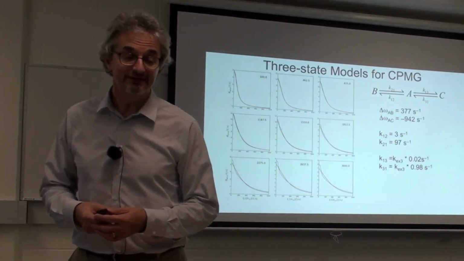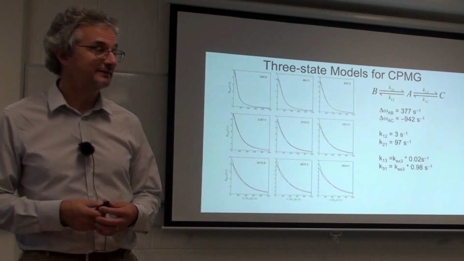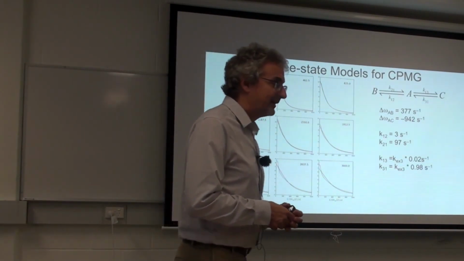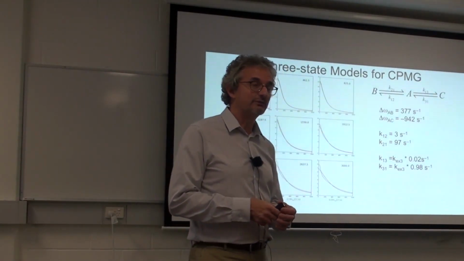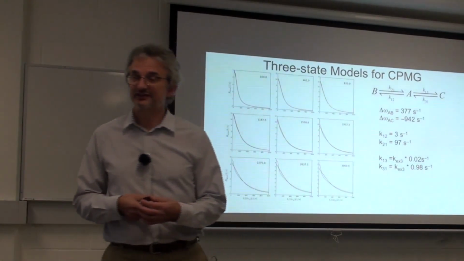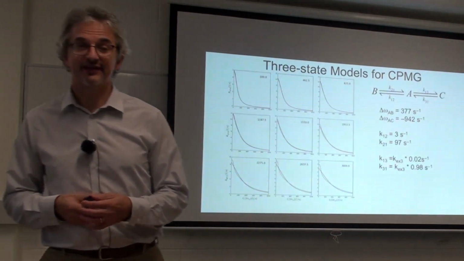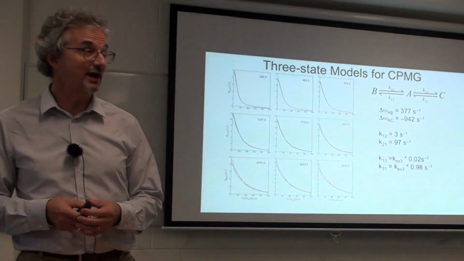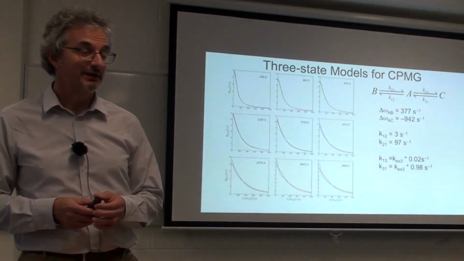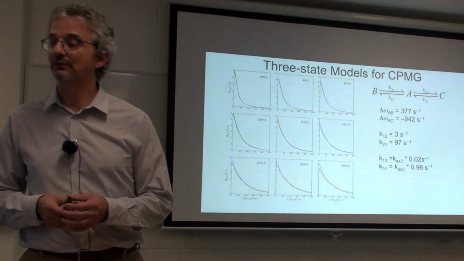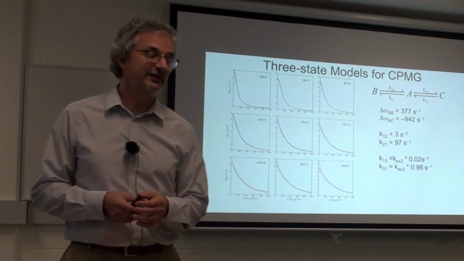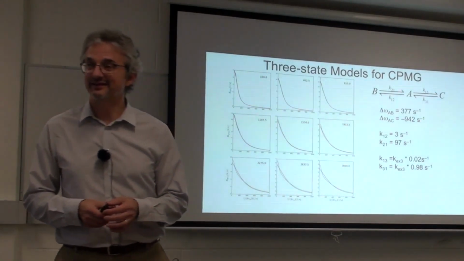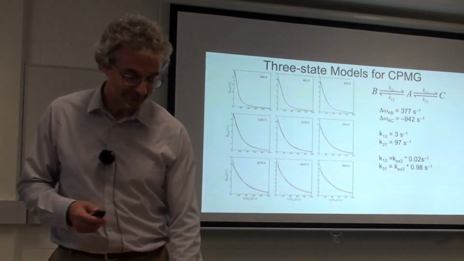There are experiments to help get around that, but it will turn out that the R1 rho experiment is naturally sensitive to the sign of the chemical shift difference. And we'll switch to talking now about R1 rho experiments, but it's this difference that is making the R1 rho experiment increasingly popular, even though technically it's rather more demanding than the CPMG experiments.